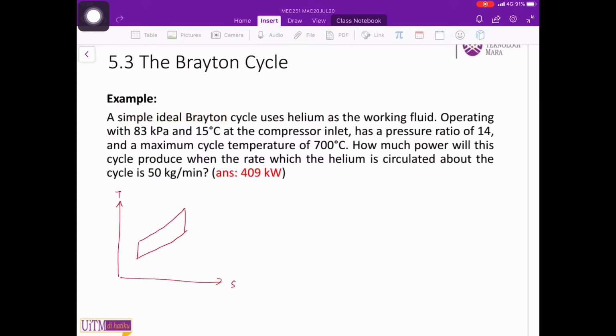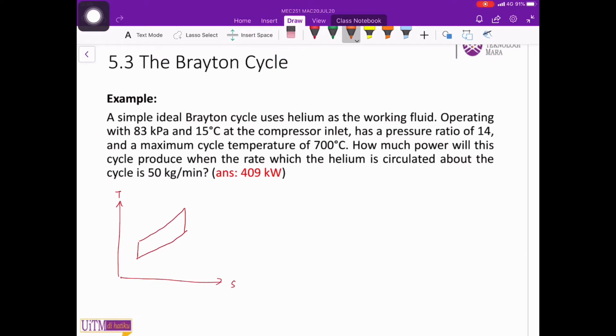So now if we draw the simple ideal Brayton cycle on the TS diagram, it will look like this. And again, the sequence of the state numbers is not very important. It can be anywhere.